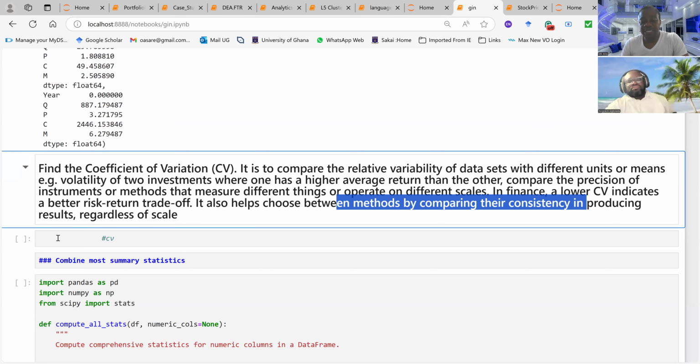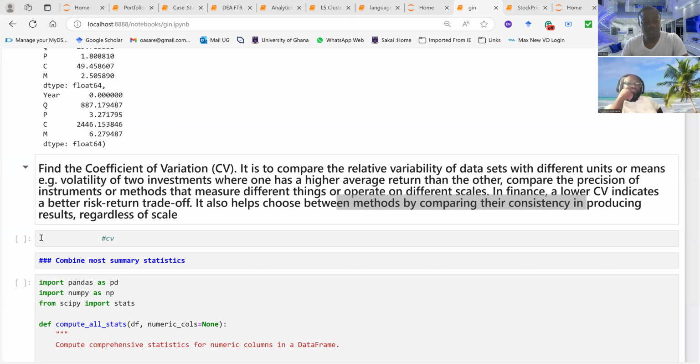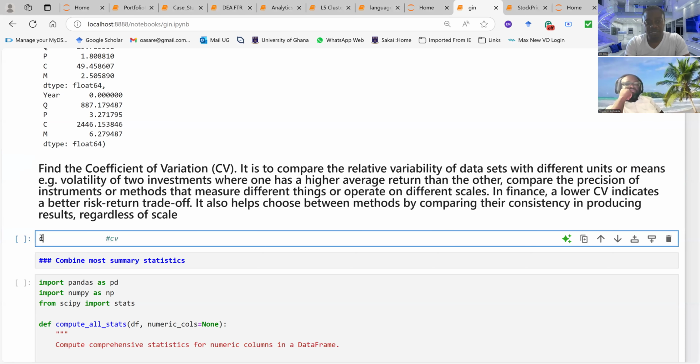So how do you calculate the coefficient of variation? That's the last thing you're going to do. So let's call it CV. Let's do that together because you will calculate this and explain it in your workout. So CV is equal to, let's find the standard deviation. Let's bring the bracket first. The standard deviation is df.std().